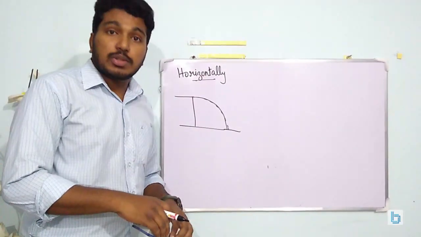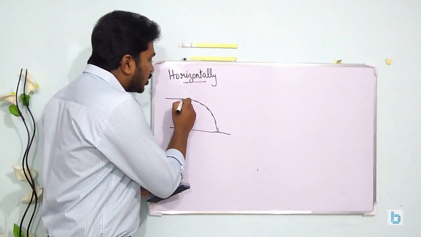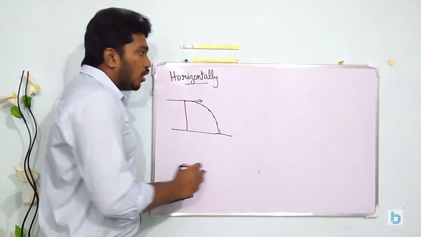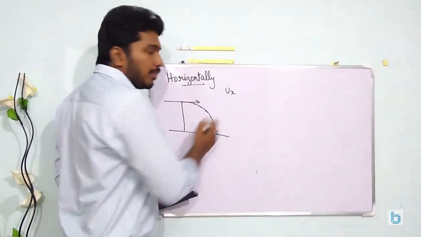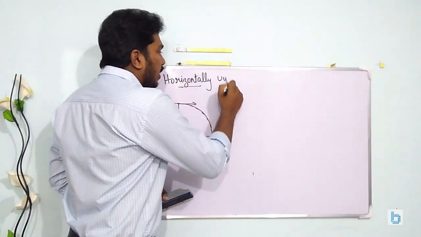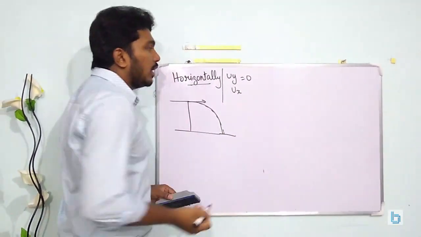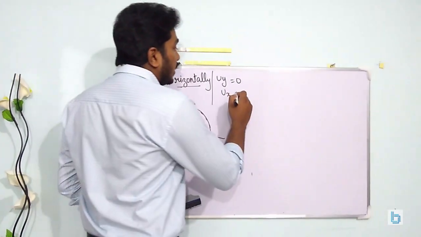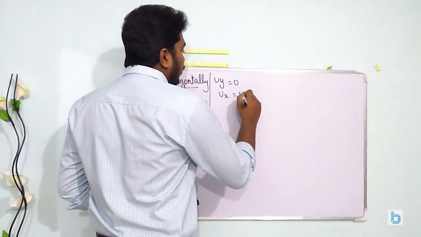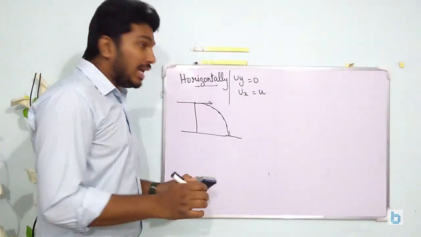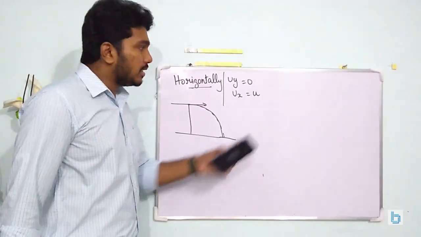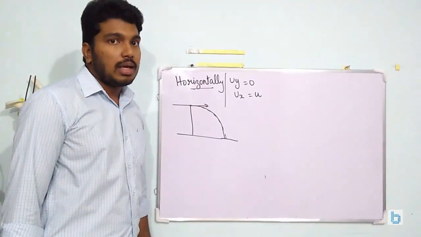In a horizontally launched projectile, the initial component of velocity is ux. Uy will be 0. The initial vertical component will be 0 and the initial horizontal component will be u, the velocity with which it is thrown.